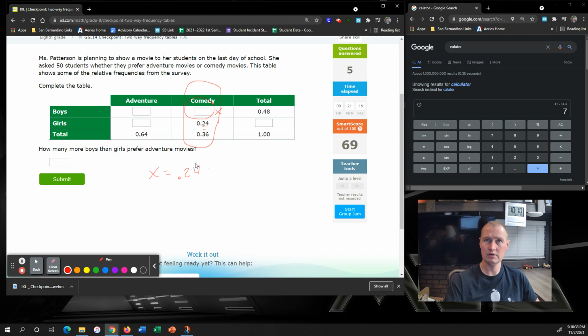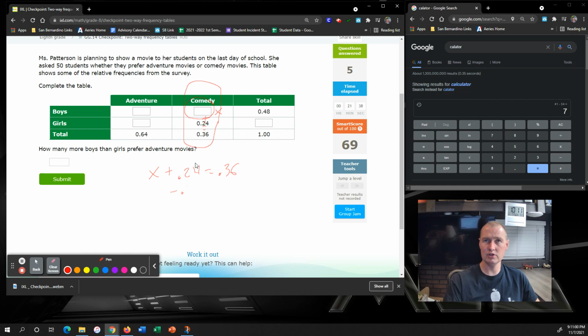I don't know why I said X equals, because we're adding going down. It's okay to make mistakes. You just got to see it. So X plus 0.24 equals now the total of 0.36.